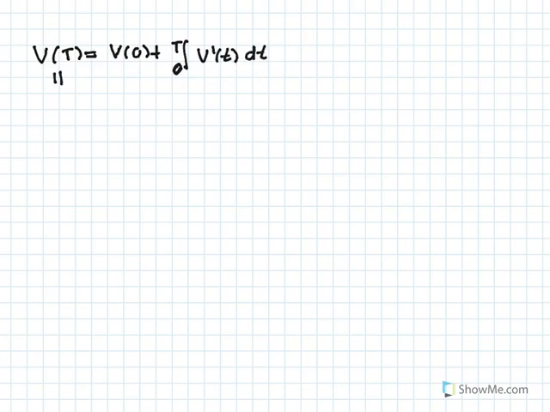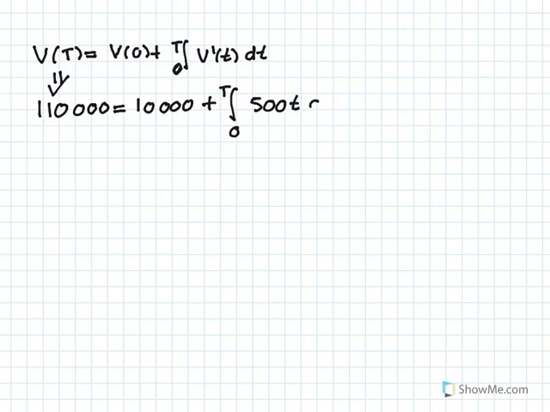The final amount of oil in the reservoir is 110,000. The initial amount is 10,000 plus the integral from 0 to t, and the rate at which the oil is flowing into the reservoir is 500 liters per hour. So we integrate the rate with respect to time.